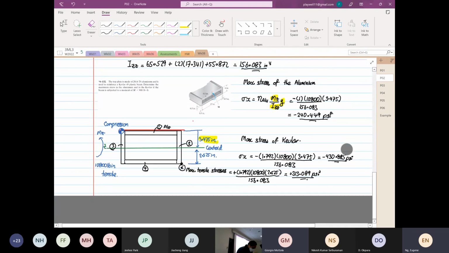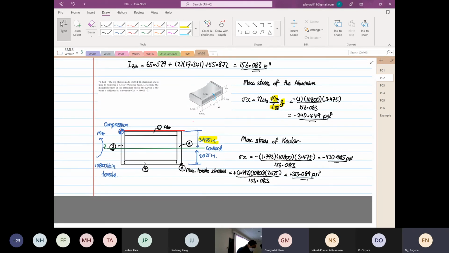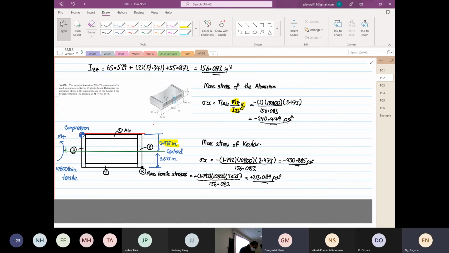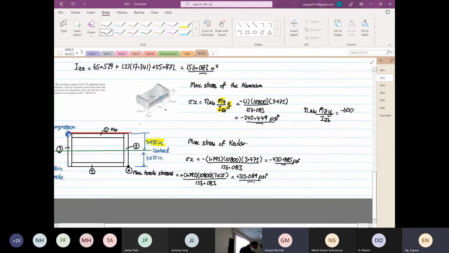What if, right, we are given the stress and need to find the moment, right? So if we are given the stress, for example now, let's say we are going to find, for aluminum, right, Mz y over Izz, and this is equal to minus 600 megapascal or psi. Okay, so we want to find Mz.